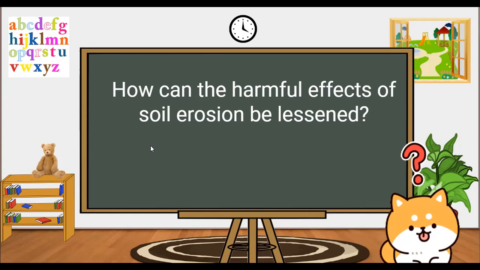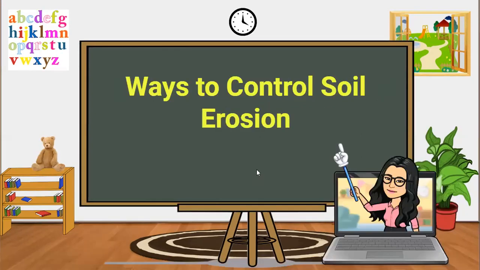We're going to answer the question: how can the harmful effects of soil erosion be lessened? In order to answer that, we're going to talk about the ways to control soil erosion.